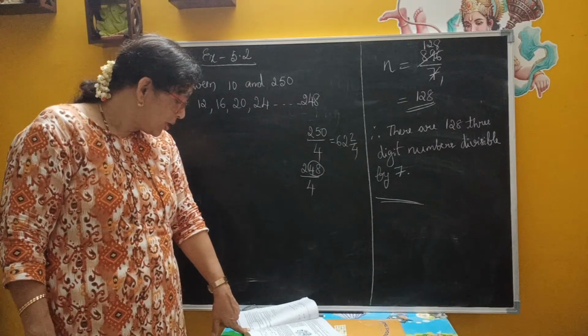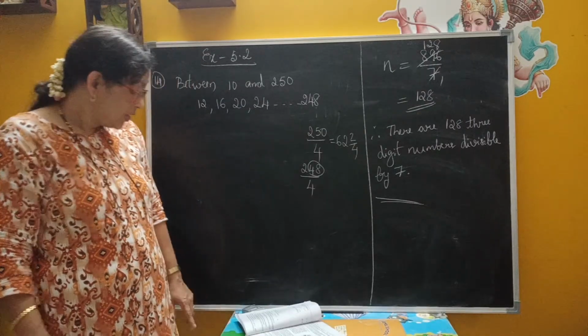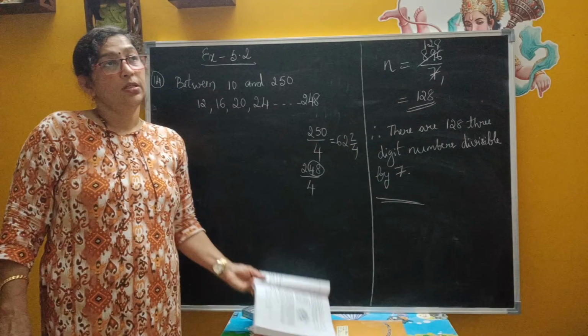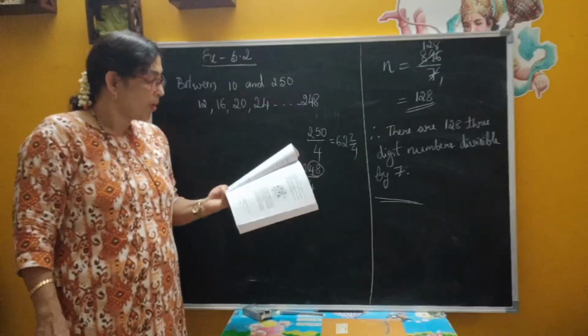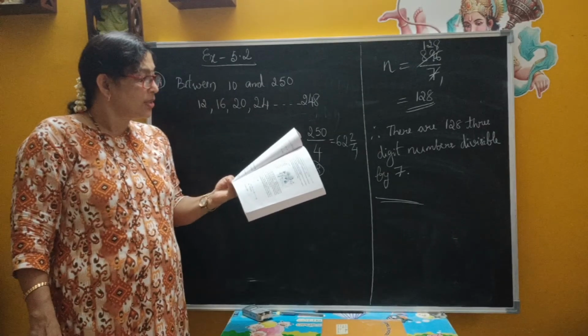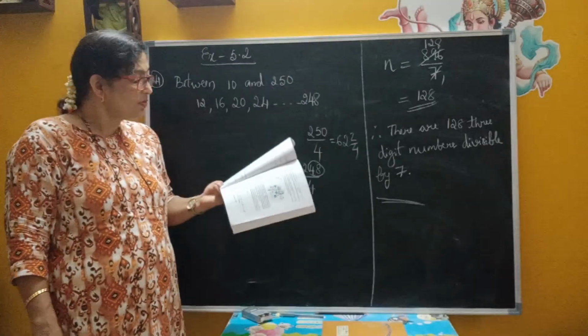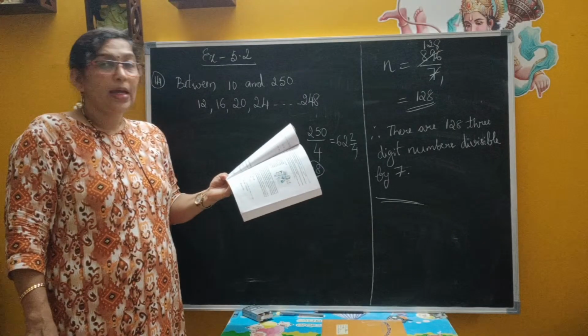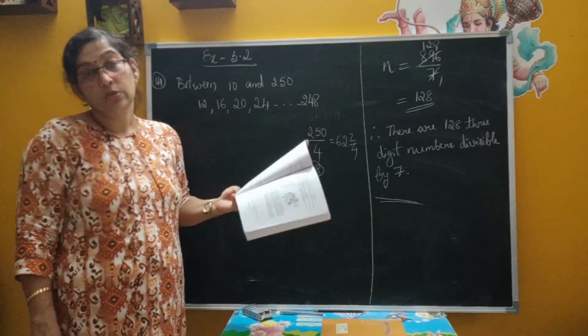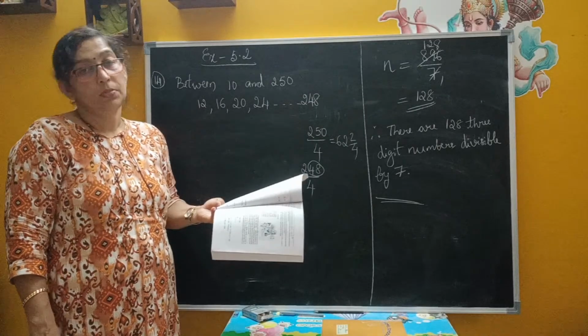Then use the formula. In the first AP, a is 63 and 65 minus 63 is 2, so d is equal to 2. In the second case, a is equal to 3 and 10 minus 3 is 7, so d is equal to 7. Then both a n are equal. So substitute these a and d values in both and equate them. You can solve it.